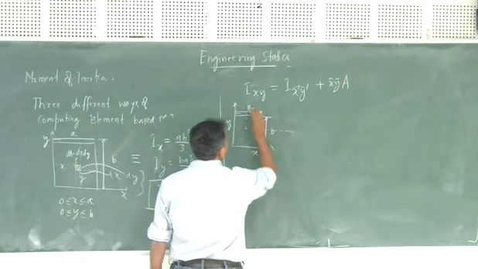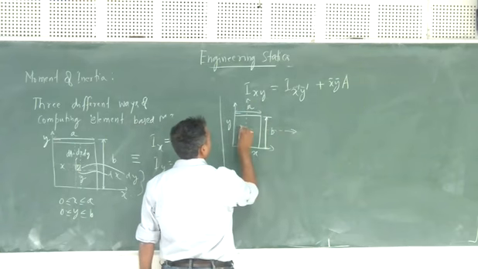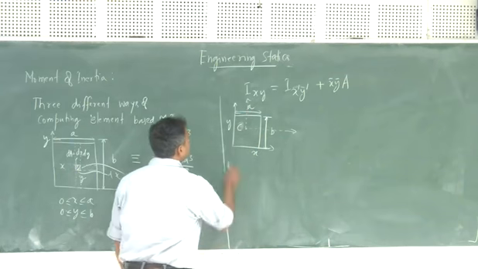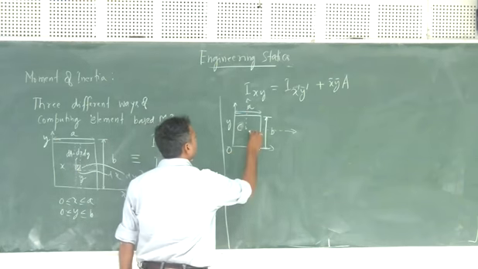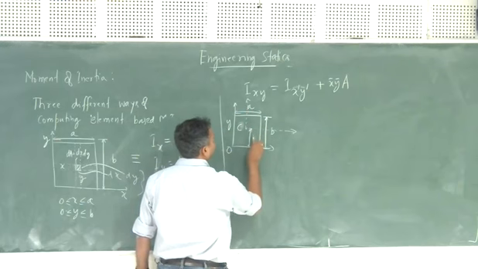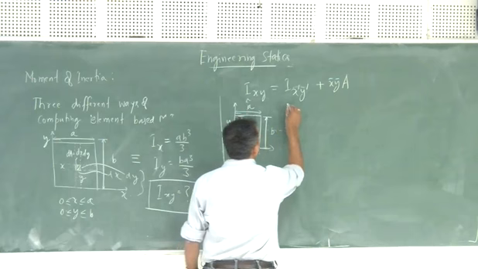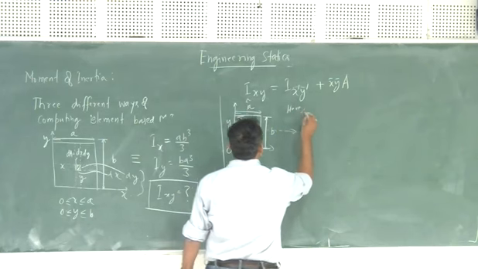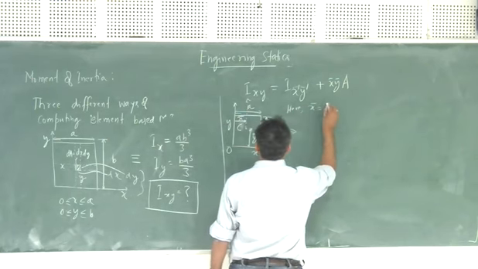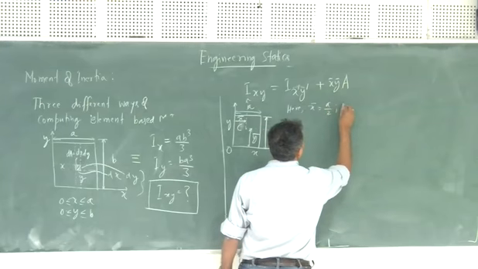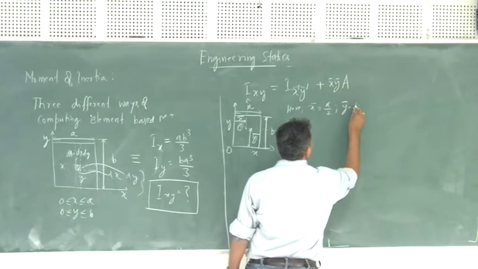Let's call the centroid C and this point O. This is your y bar and this one is your x bar. Obviously, x bar will be a by 2 and y bar will be b by 2.